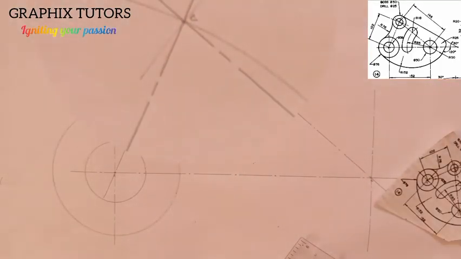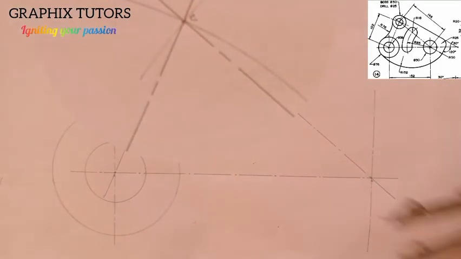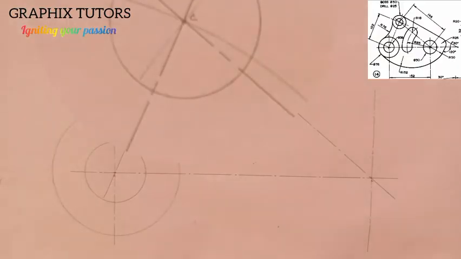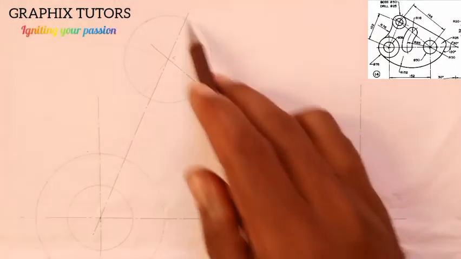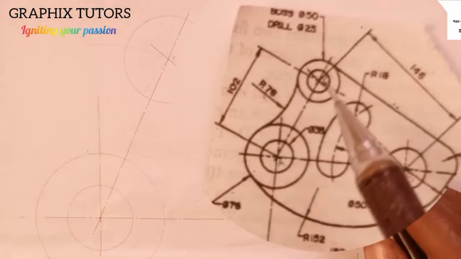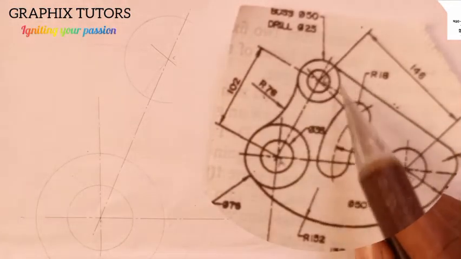So I'll use the 25 and place it at the center, right? I'm going to draw the circle and I will thicken it. You can see that. Now, after you've measured the 25, you've successfully gotten the outer circle.